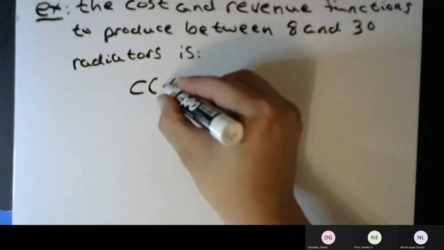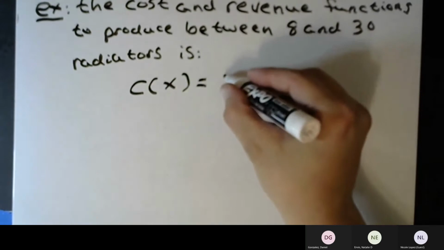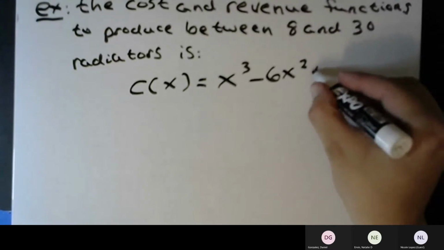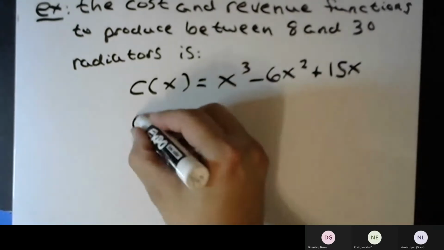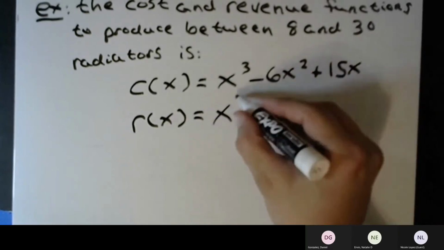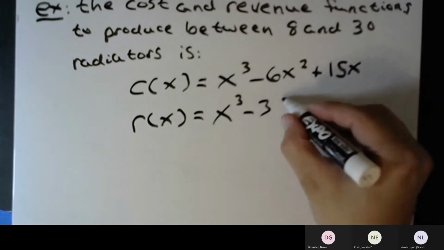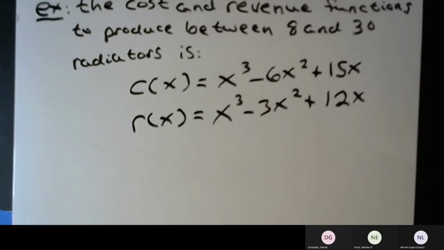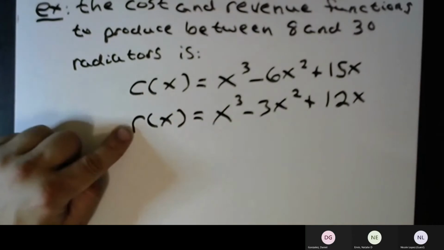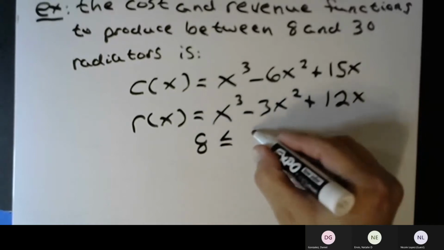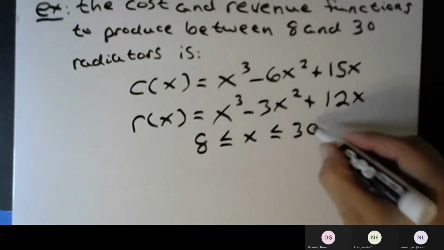So let's say we have this. This is our cost function, this is our revenue, and this is where X is going to be between 8 and 30.